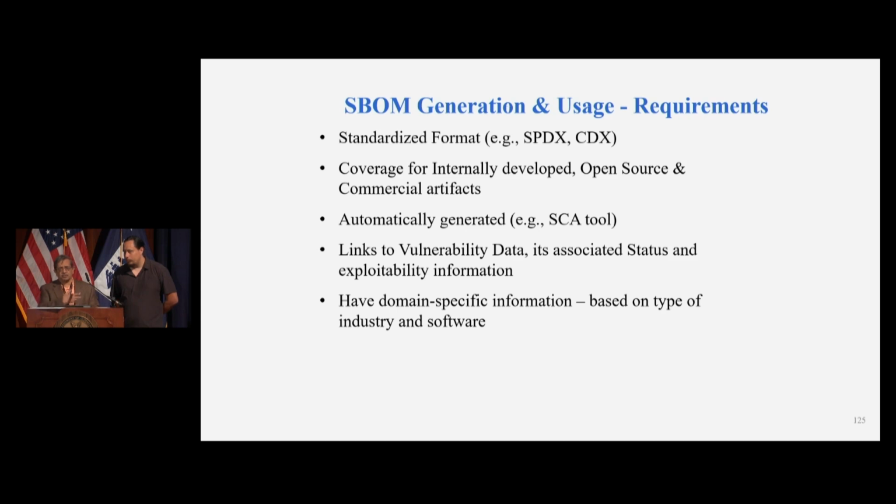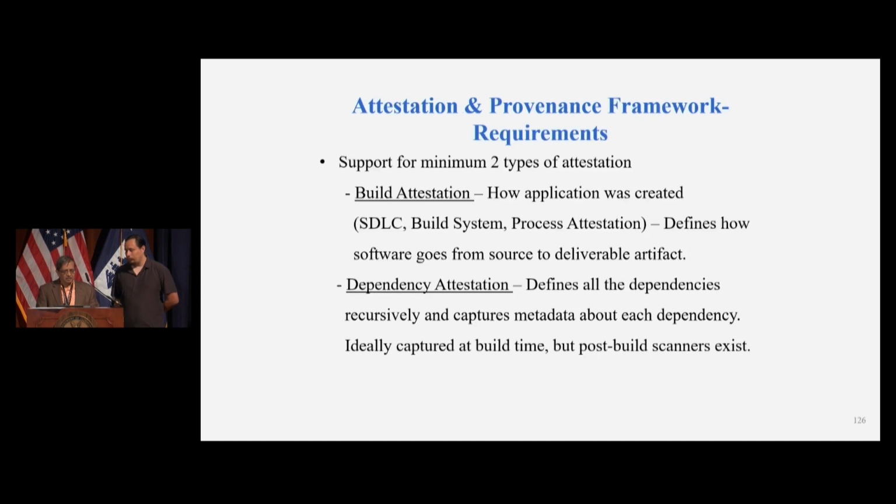As we were discussing one day, we are living with so many vulnerabilities in the basic Linux kernel itself, but under what condition can they be exploited? Only if there is root access and so on. So in other words, knowing the exploitability conditions in the context of the artifacts is really very important. We cannot definitely say that something is vulnerable just because it exists. And then, of course, it should have domain-specific information added to it.